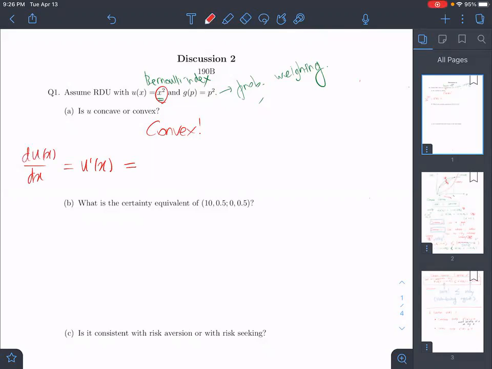What do you get? x squared differentiated with respect to x. Melina said 2x. Very good. It's 2x. If you differentiate twice, then what do you get? So you're differentiating this blue box, a blue circle.